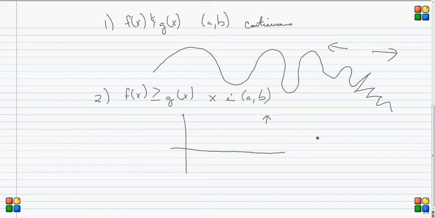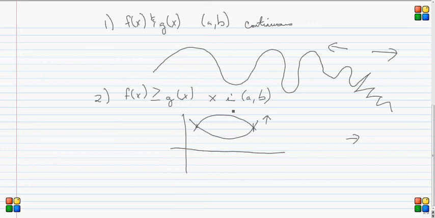Or if we're looking at it horizontally, f of x always has to be to the right of g of x. So like this is our f of x, this is our g of x, where they meet, the intersections right here, are the beginning and end of our range, a and b.